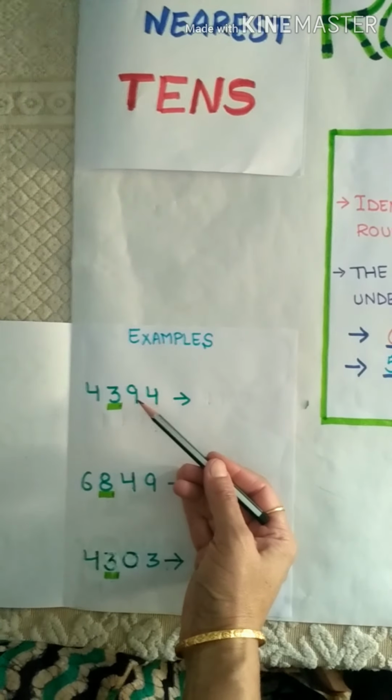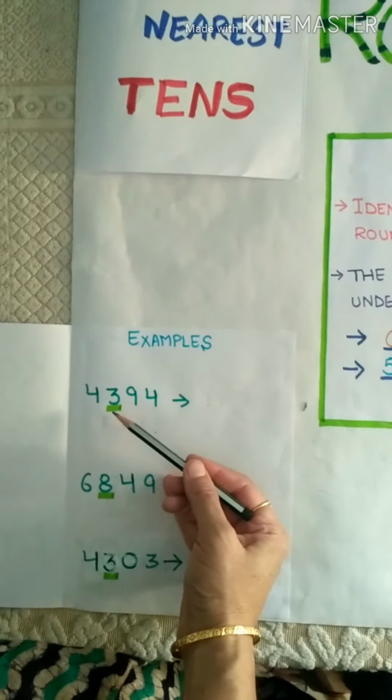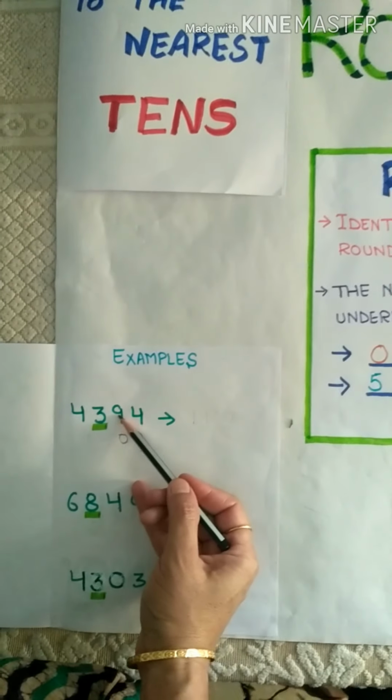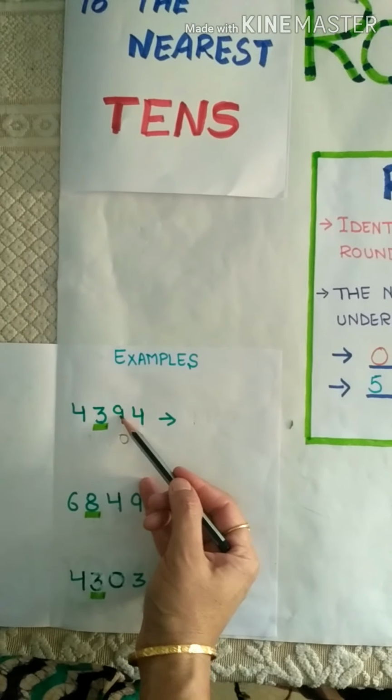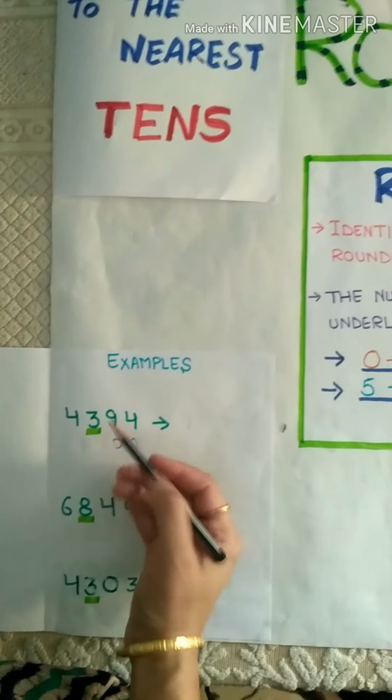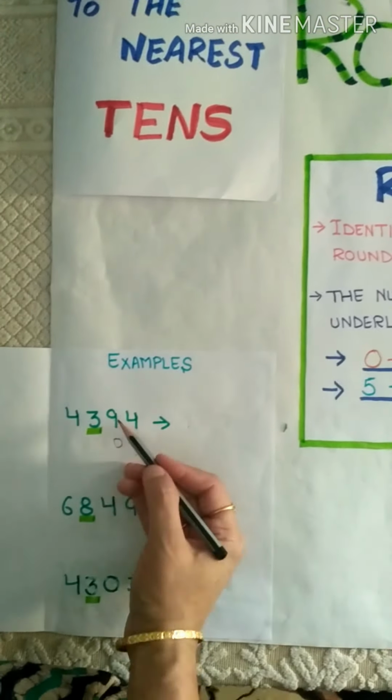So the digit 3 is at the 100 place. So what do we have to do? Write 0 at the ones and tens place. Then the next step is to see the number which is right of the underlined digit. Here the digit is 9, which is again greater than 5.